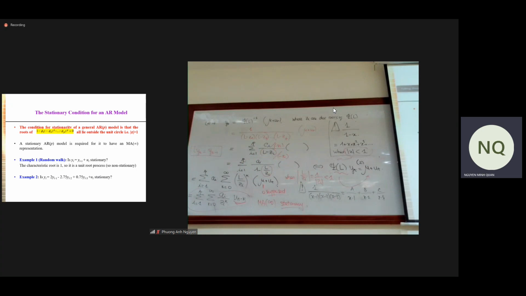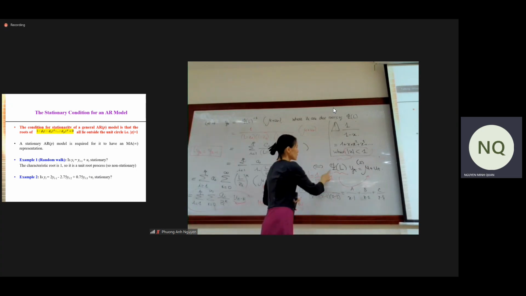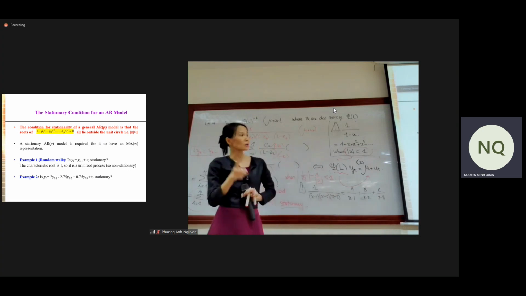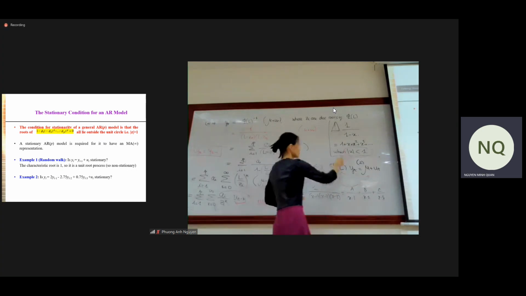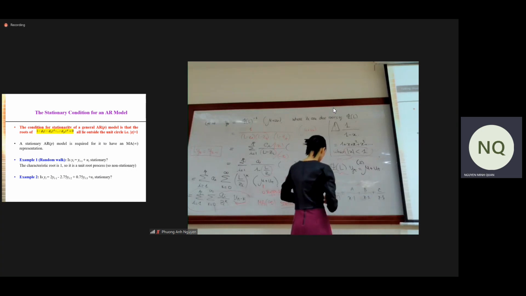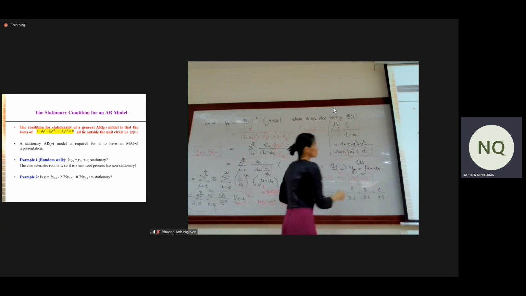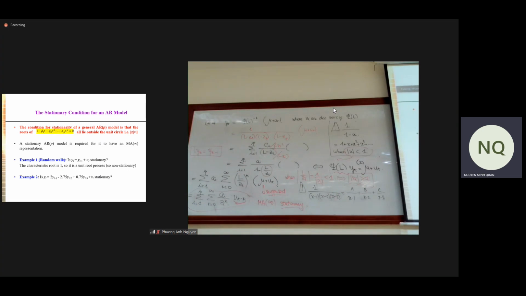It's stationary when the characteristic roots of phi(L) lie outside the unit circle, with |z_i| greater than 1. So it works for real numbers and it also works for complex numbers.